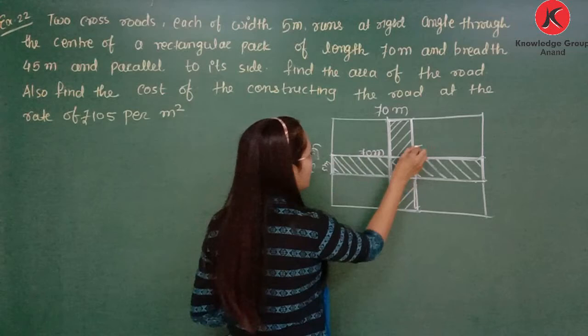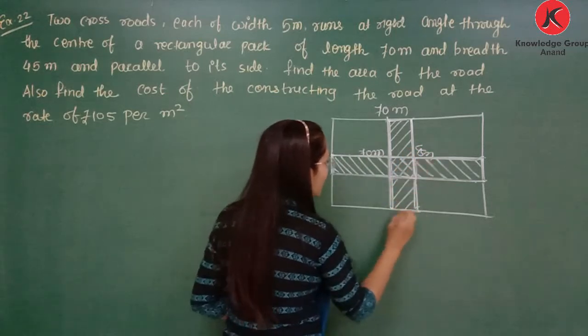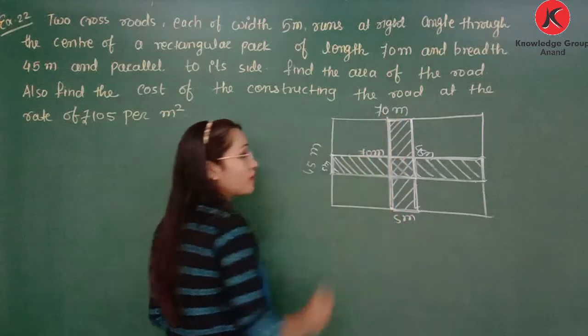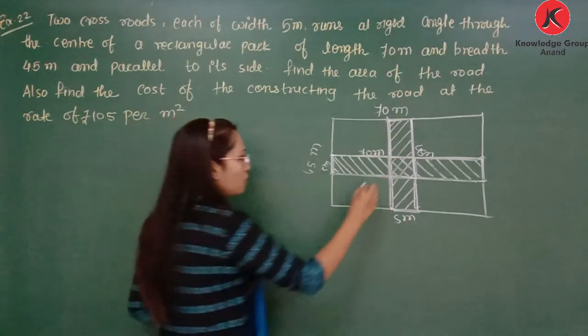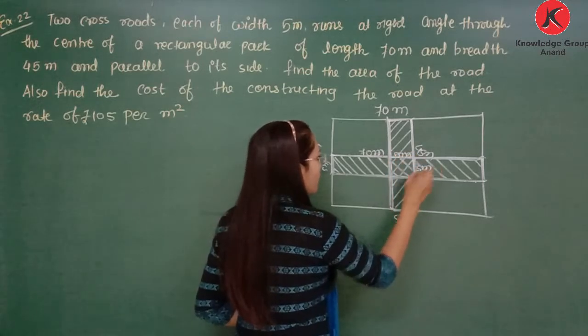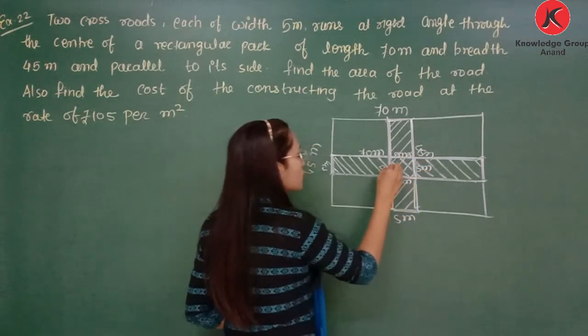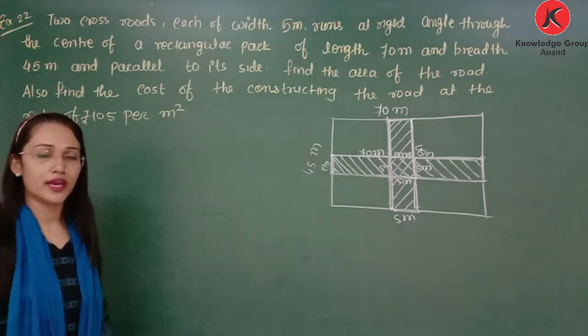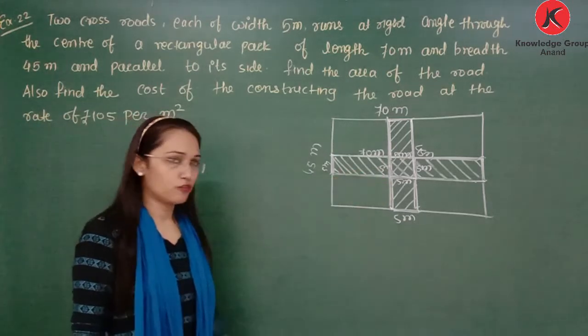It is 45 meter. And what is the length of this side? It is 5 meter. So we get the area of this vertical road also. Now what is the length of this side? It is 5 meter because the path is 5 meter. So now we have the value of all measurements. So we can find the area using the area of rectangle and the area of a square.